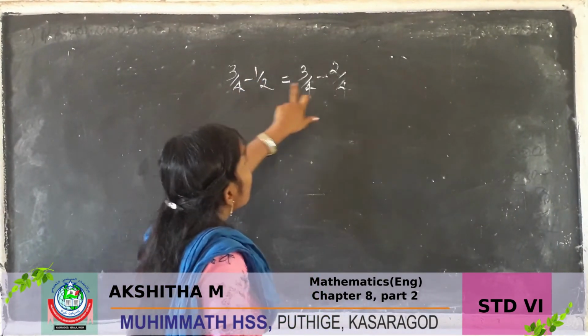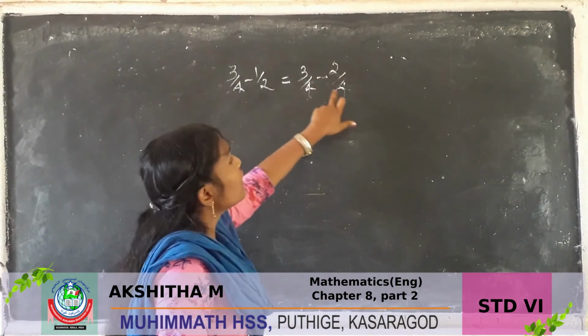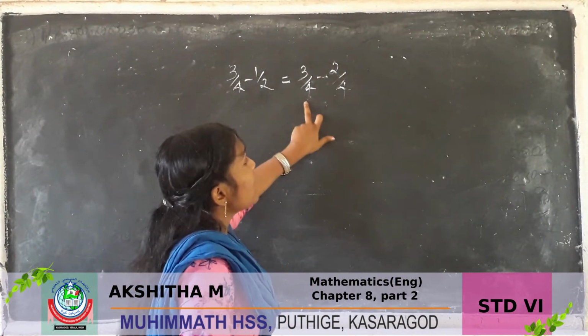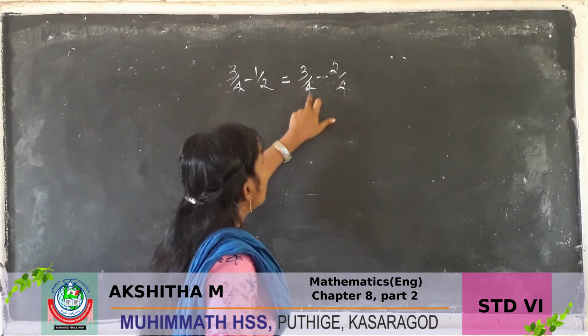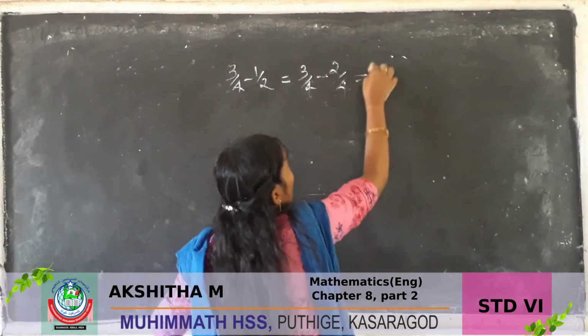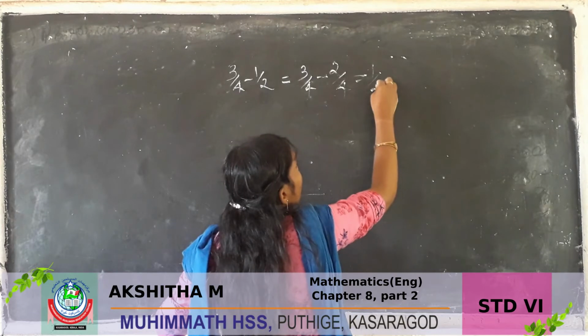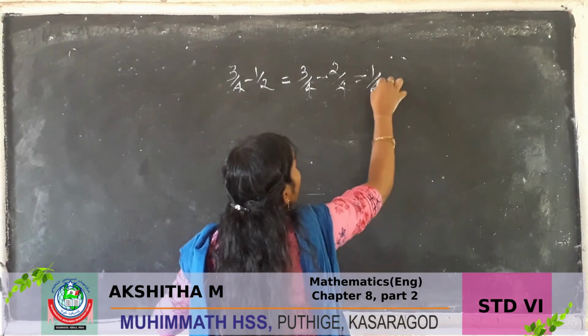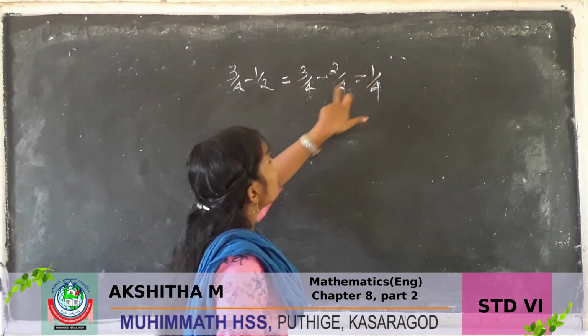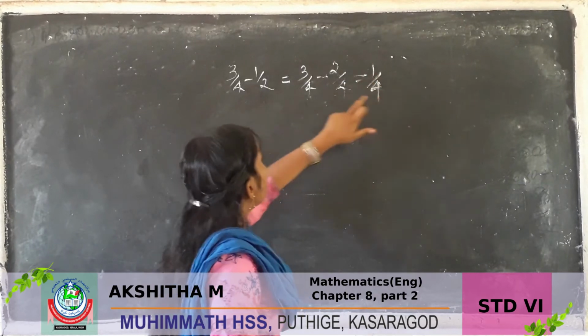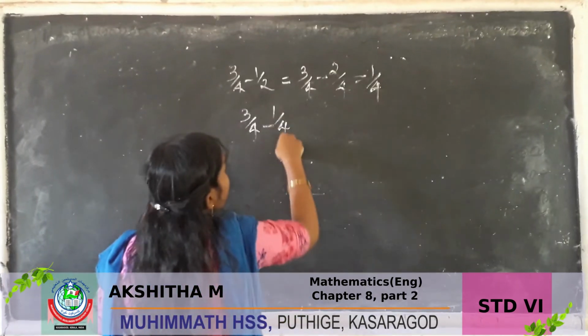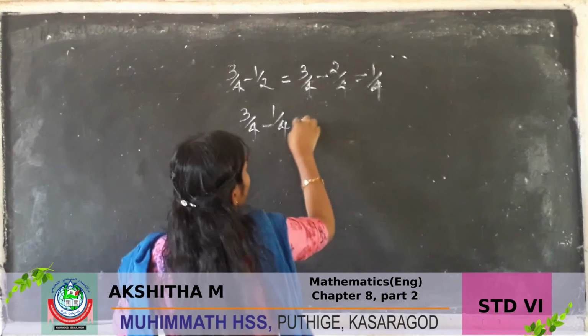Now we got here same denominator. So 3 by 4 minus 2 by 4 is 1 by 4. 3 minus 2 is 1. This 4 we should write here. 1 by 4.